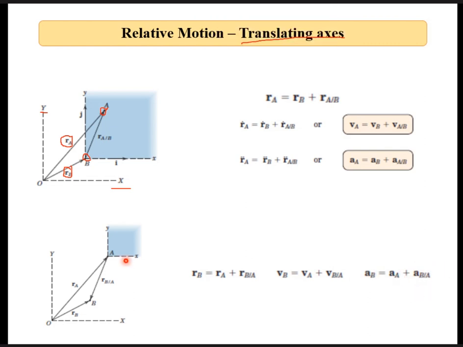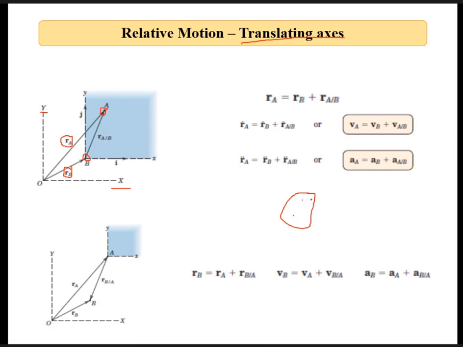Now these are two separate particles, and here you did not have a rigid body. Now on a rigid body, what happens is, you have a rigid body like this. Here you have one particle, here you have one particle.